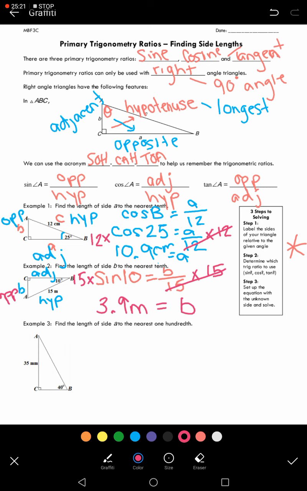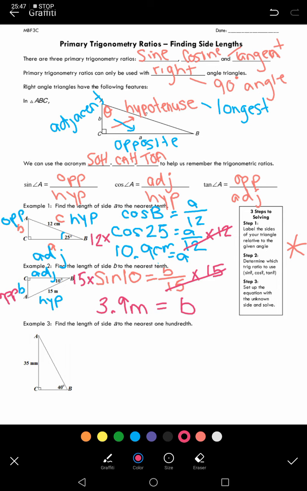Okay, and let me just make sure I've subbed everything in there. So sine is opposite, which was our B, over hypotenuse times 15. Perfect. Just want to make sure I typed everything in here. Sine 10 times 15.